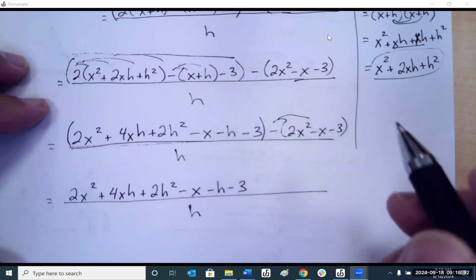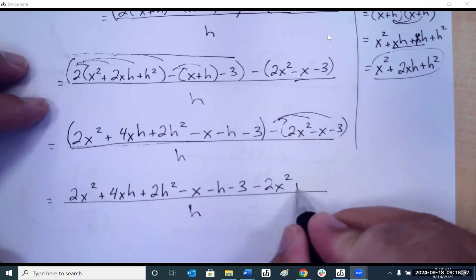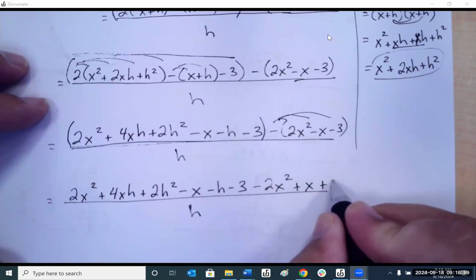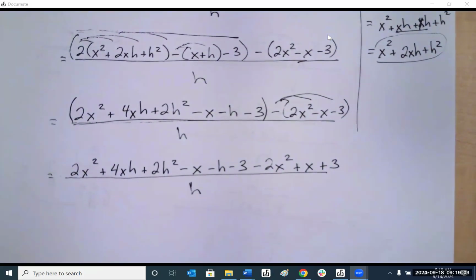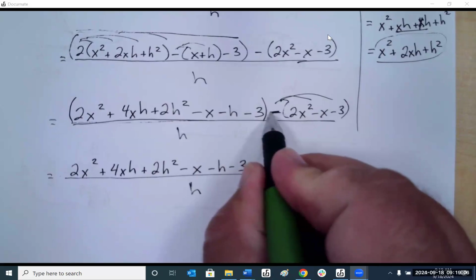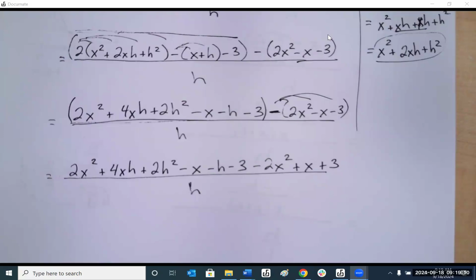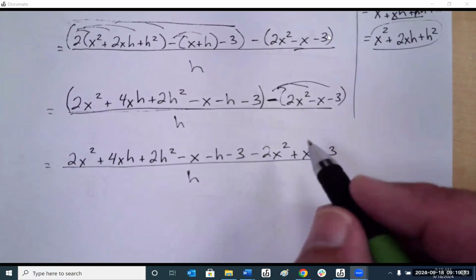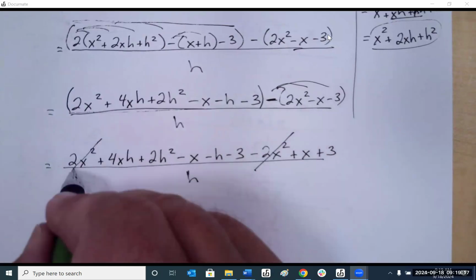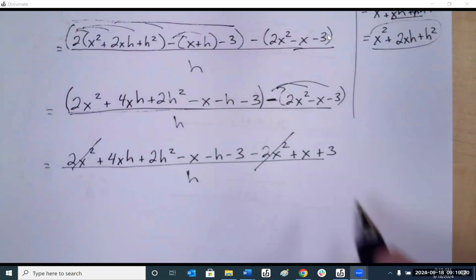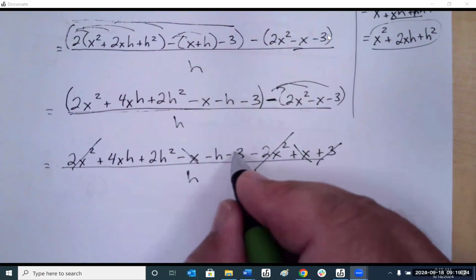And distribute the negative sign in the second one. So we have negative 2x squared, positive x, positive 3. Remember I said everything after this minus sign, after we get rid of the parentheses, has to change sign. So combine like terms. The negative 2x squared cancels the 2x squared. The positive x cancels with the negative x. Positive 3 with the negative 3.